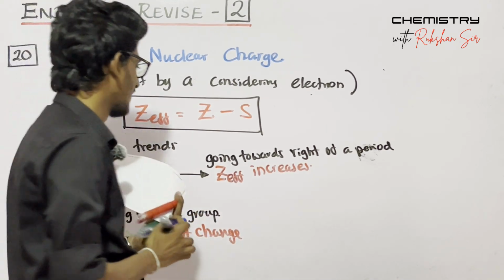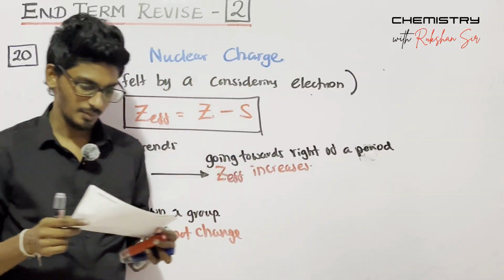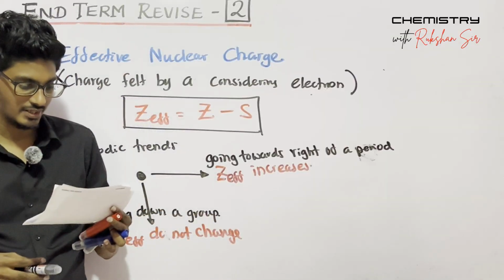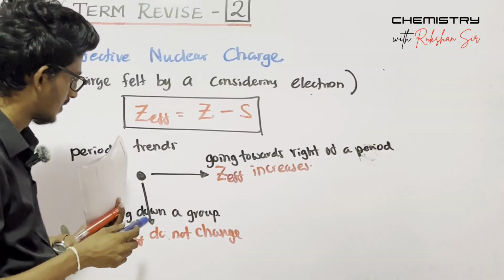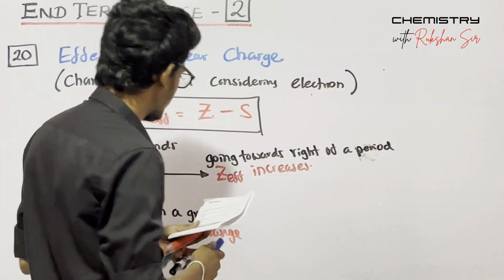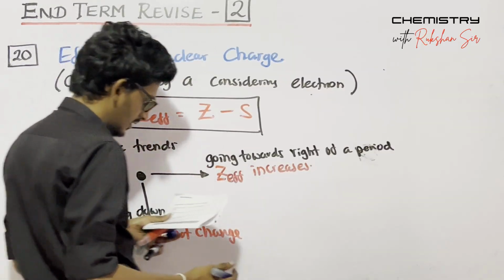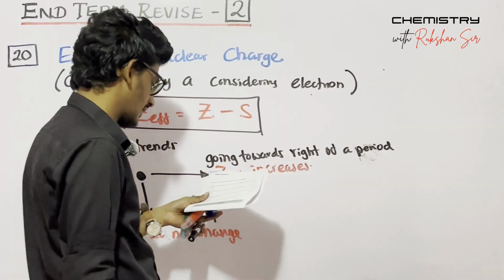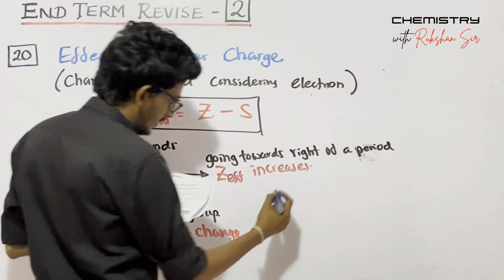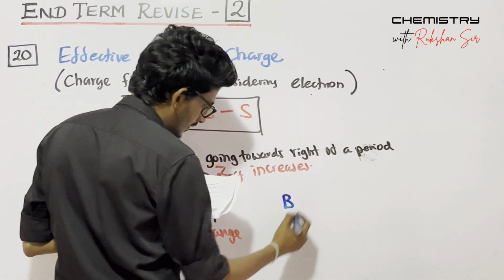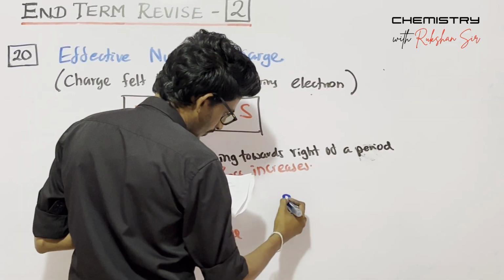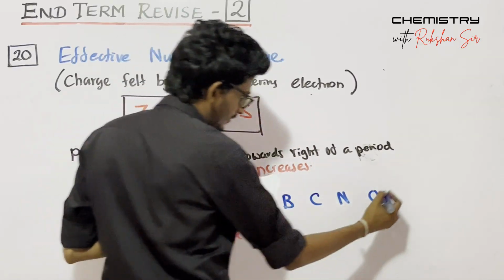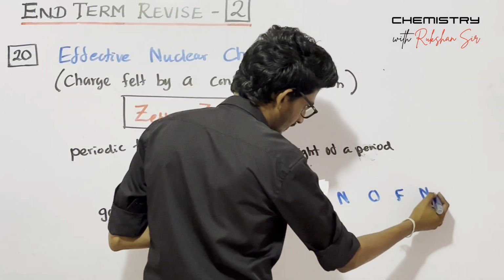So let's apply these theories to find the atom with the greatest effective charge out of nitrogen, magnesium, and sulfur. Let's take the positions of those elements in the periodic table. Those belong to the second row and the third row. In the p block: boron, carbon, nitrogen, oxygen, fluorine, neon.